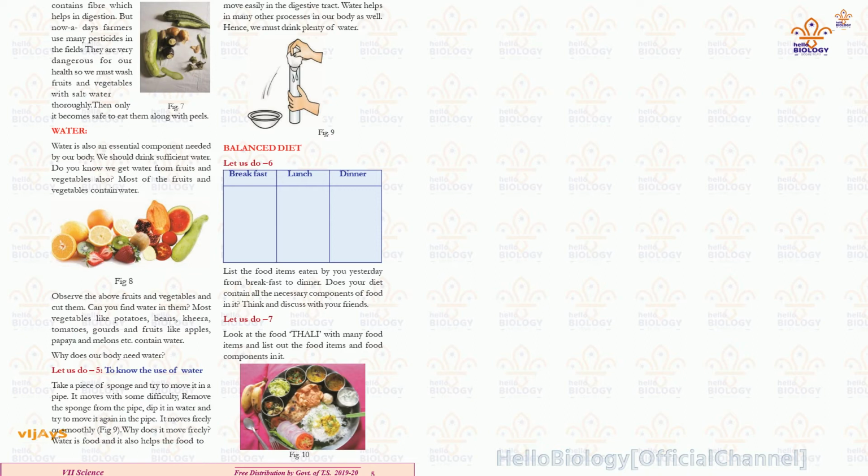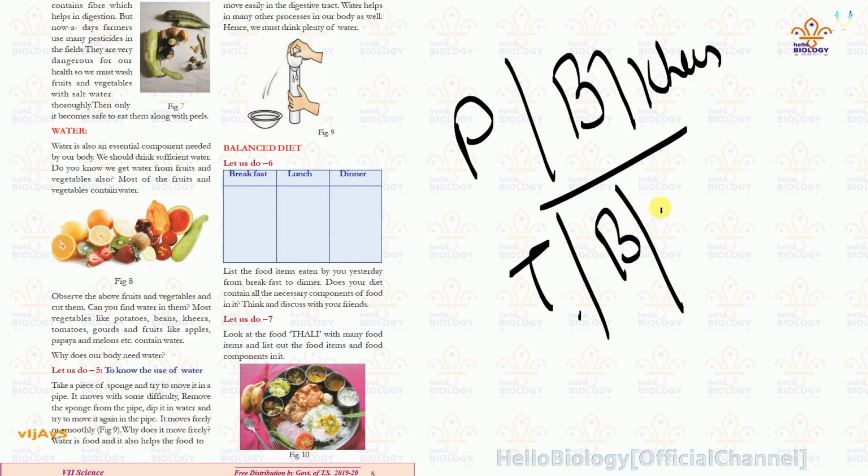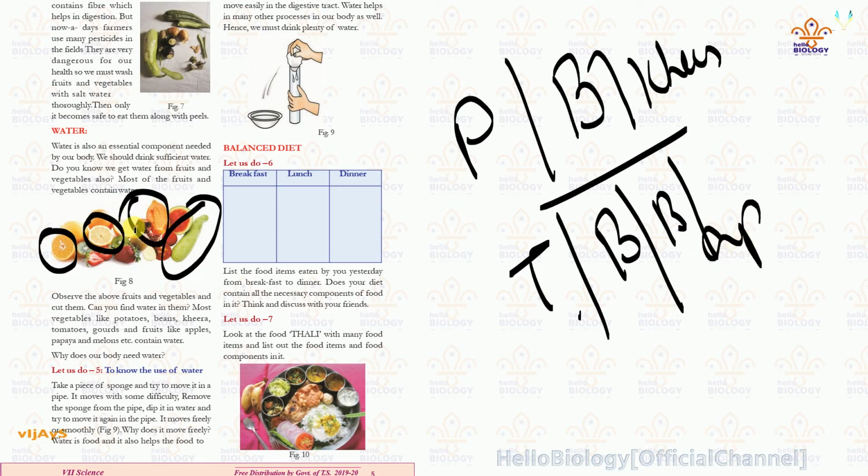And here if we observe potatoes, beans, kheera, tomatoes, bitter gourd or bottle gourd, or fruits like oranges, apples, papaya, melons, and watermelons, you can see the watermelon here.